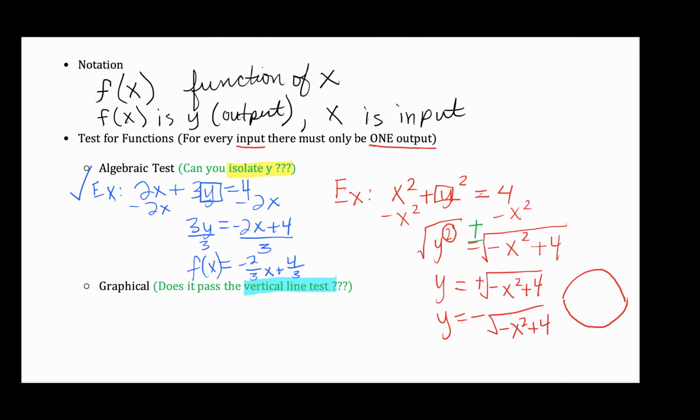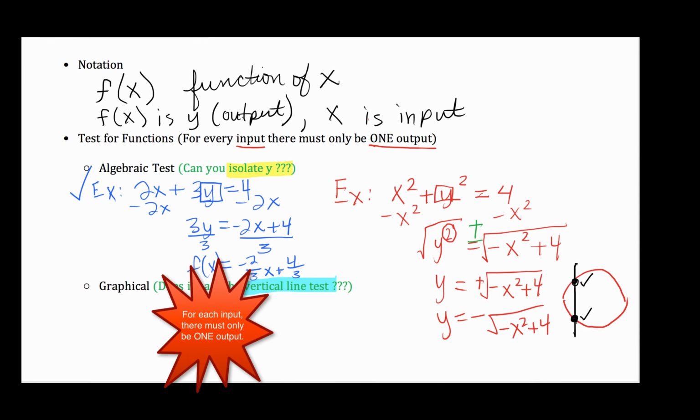So speaking of that vertical line test, if you're looking at the graph of a function and you draw a vertical line anywhere, you should not be able to pass through more than one point if it is in fact a function. In this particular example, we pass through 2 points. Therefore, this would not be a function. Remember, for every input, there must only be one output.